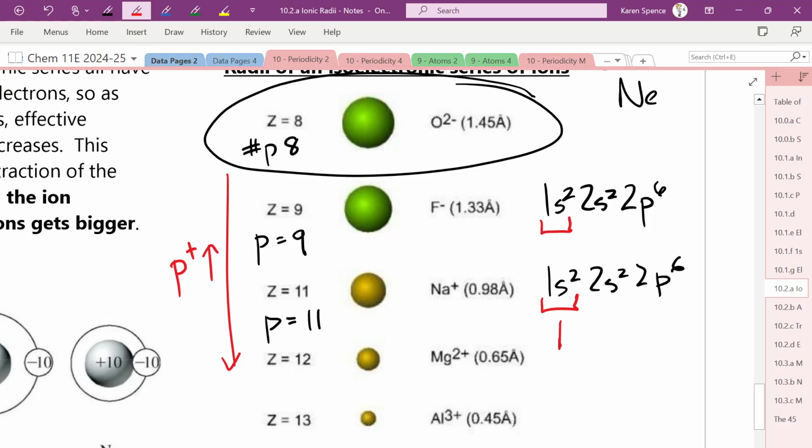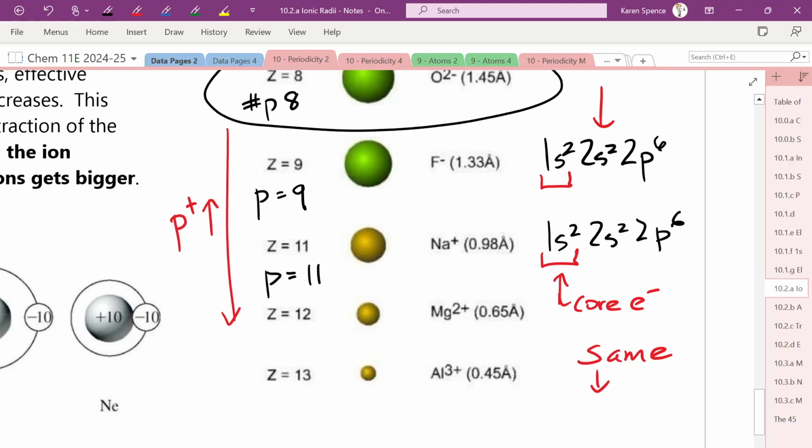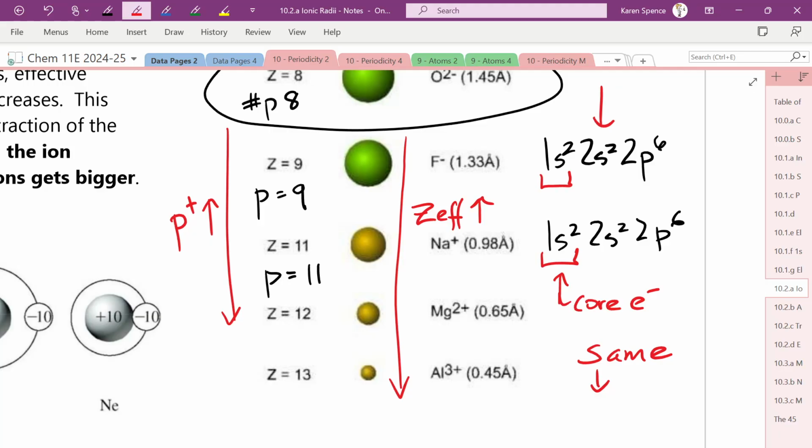Yes? Core electrons are the same all the way down, okay? They're all the same all the way down. And that means that as we go down, Zeff increases. And so they get pulled in tighter and tighter. So within an isoelectronic series, whichever has the highest atomic number, whichever has the highest number of protons, will have the smallest ion size. Okay?